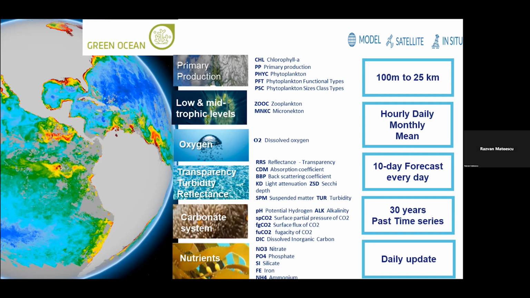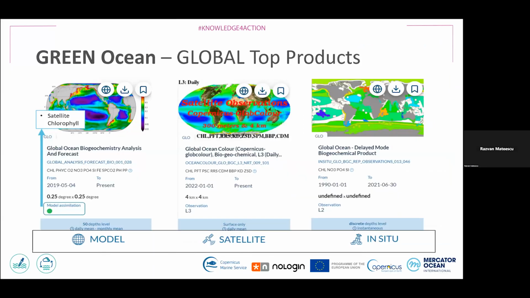All this for a resolution of 20 kilometers to 100, for daily, hourly, or monthly means. But also we have forecast for every day up to 10 days, also for past time series of 30 years. All these sure are daily updated.